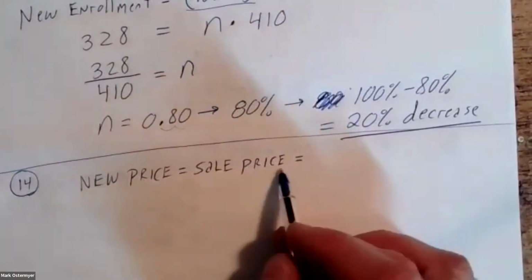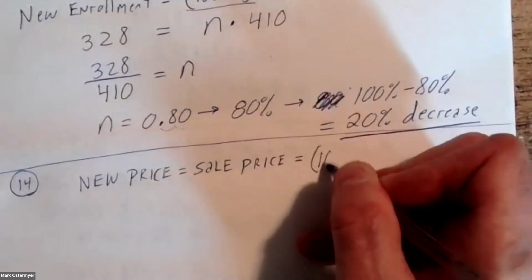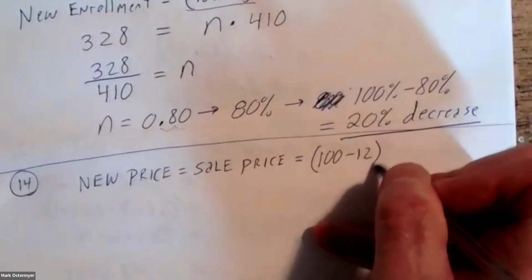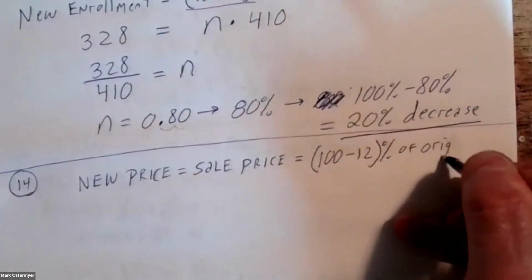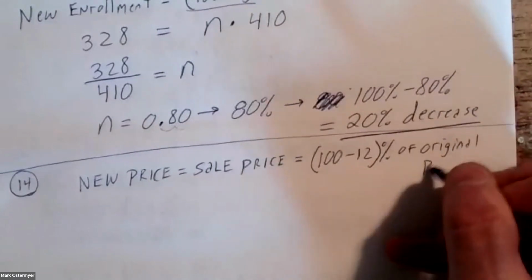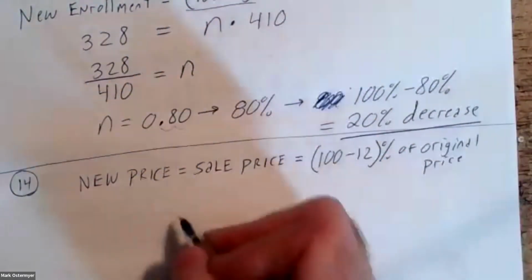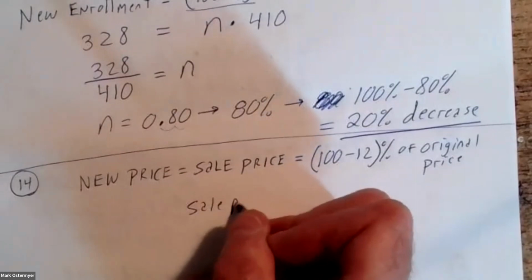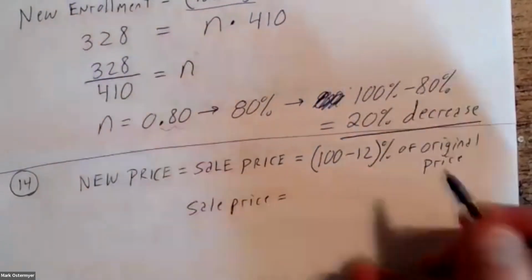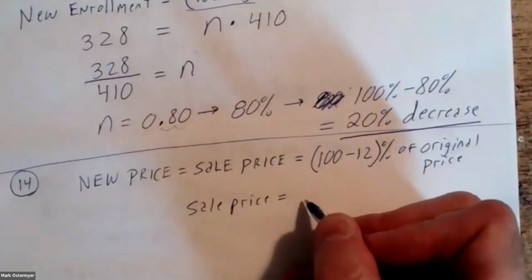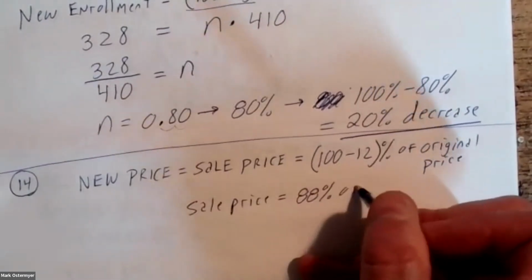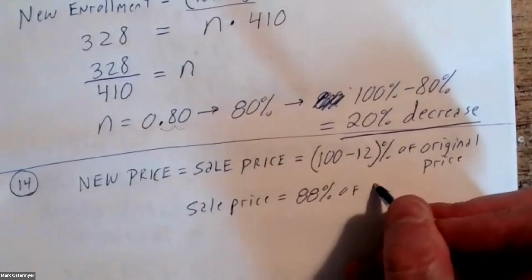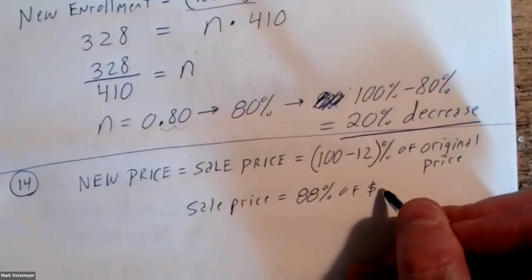So the sale price is only going to be 100 minus 12% of the original price. Isn't that true? So 100 minus 12 is 88. The sale price is going to be 88% of the original price, which was what? What was the original price of that guitar? Was it 500 or 550? I forgot.